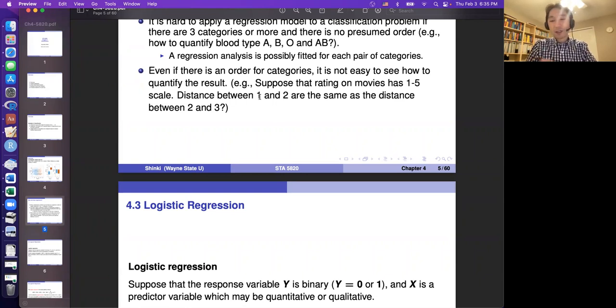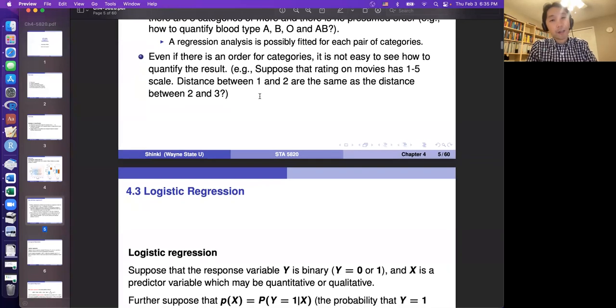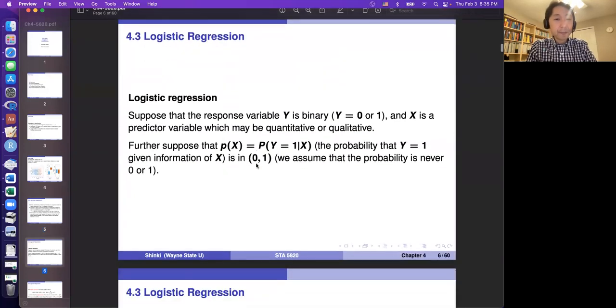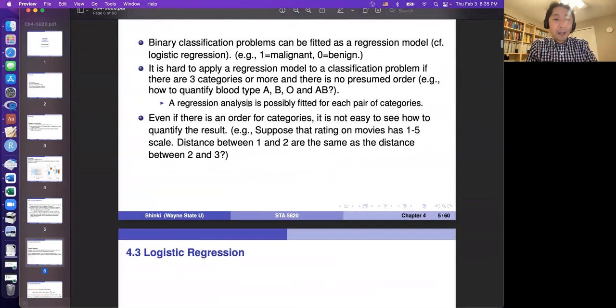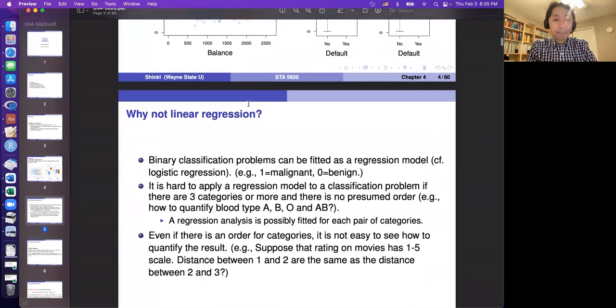Then the difference between 1 and 2 and between 2 and 3 is exactly the same, physically the same. In such a case, it's easy to quantify the variable. But for the rating 1, 2, 3, 4, 5, maybe it's ordered, but the interval is not clear. In such a case, we have to be careful and use a categorization technique. Any questions so far?